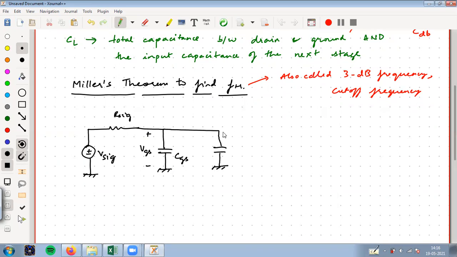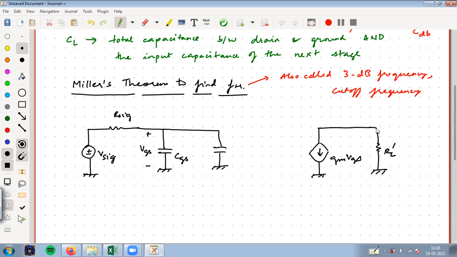We'll see what we'll call those capacitances. Then here I have, as usual, my gm VGS dependent source. Then I have a resistor, this time I'll call this RL prime.